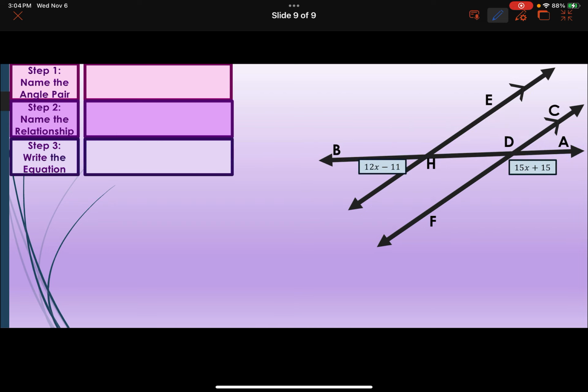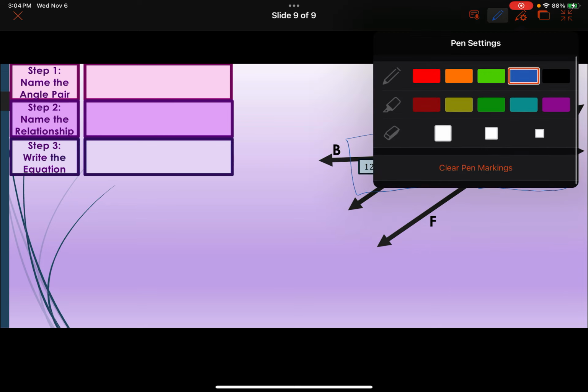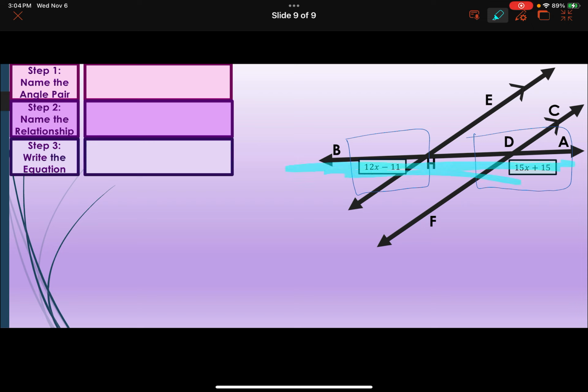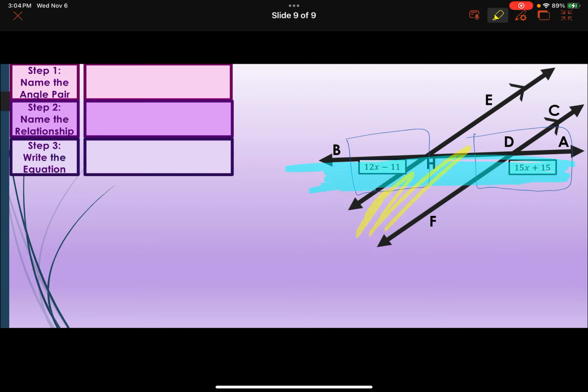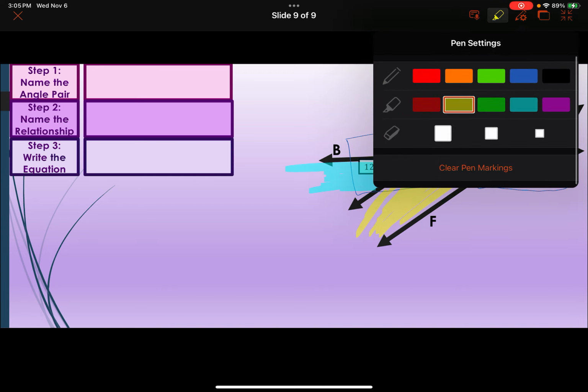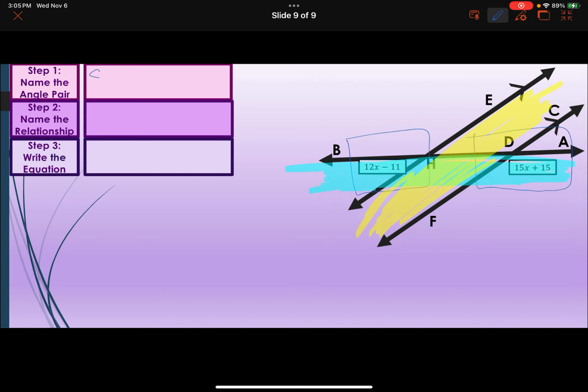So our last little example. We have the 12x minus 11 and the 15x plus 15. If I look, they're at two separate intersections. Then I highlight one side of the transversal and I hit both of them, so that means they're same side. Then when I check the interior, I hit none of them, so that means they're both exterior.